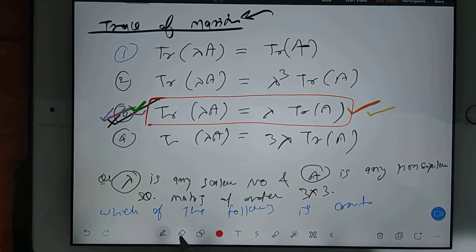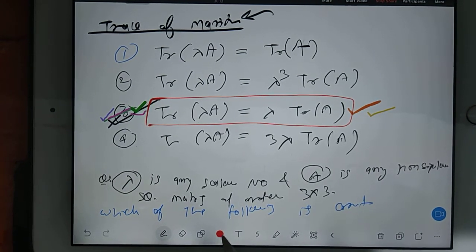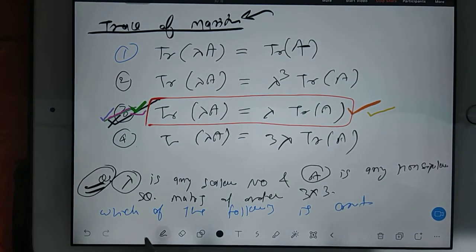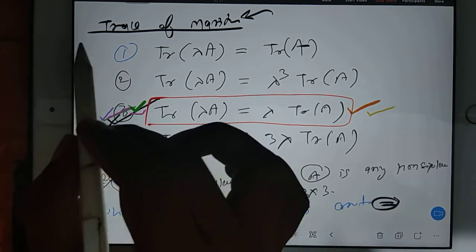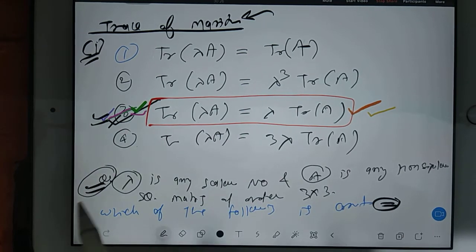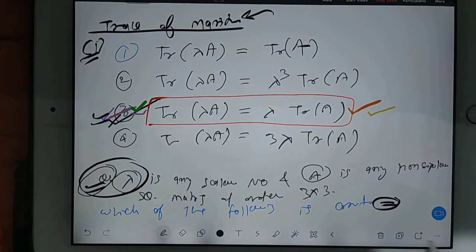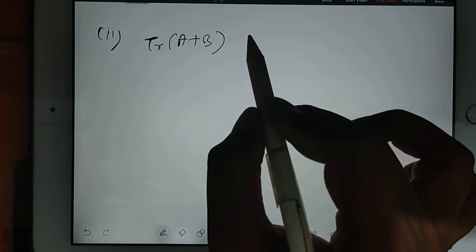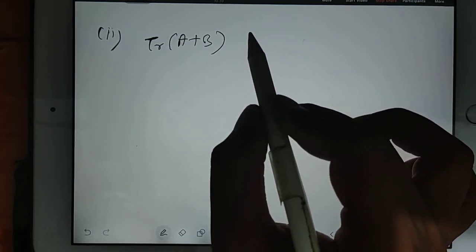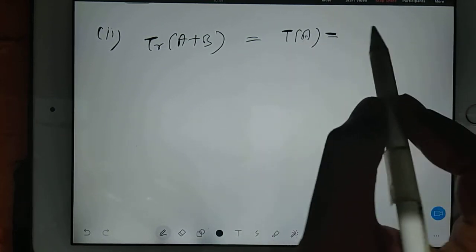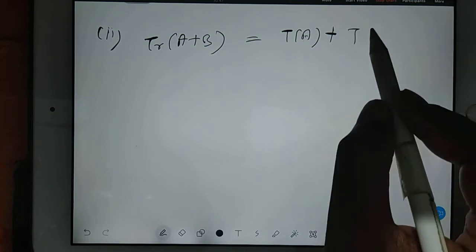Okay, let's have one more question. For the same condition, I am considering this as my major question: which of the following statements is correct? Under that, consider this as your first question, in which this option is correct. Now for the same question, the second condition. So now the second question. In the second question, the options are: trace of matrix A plus B, if I am finding it out, do you think trace of A plus B will be equal to trace of A added with trace of B?